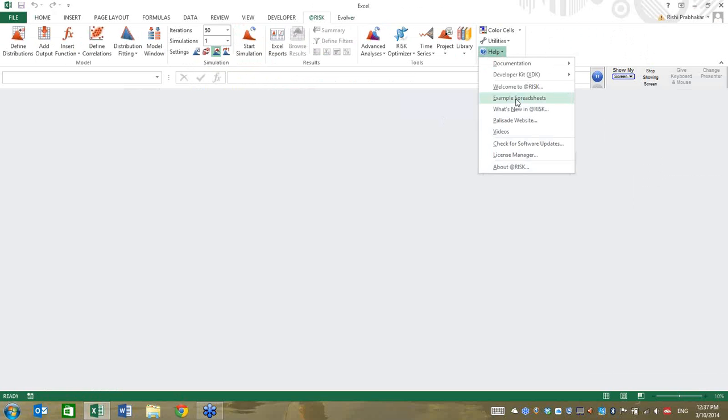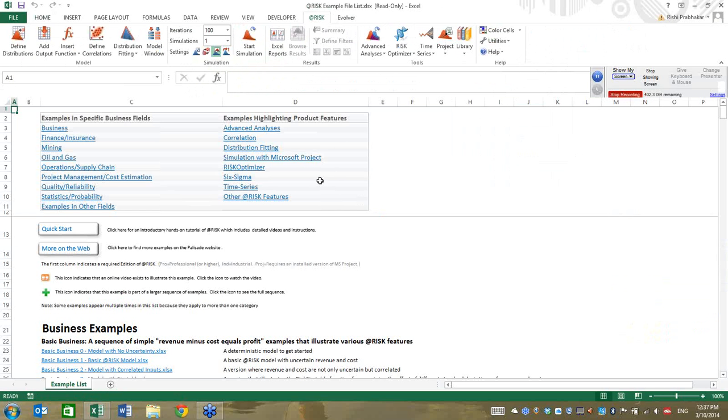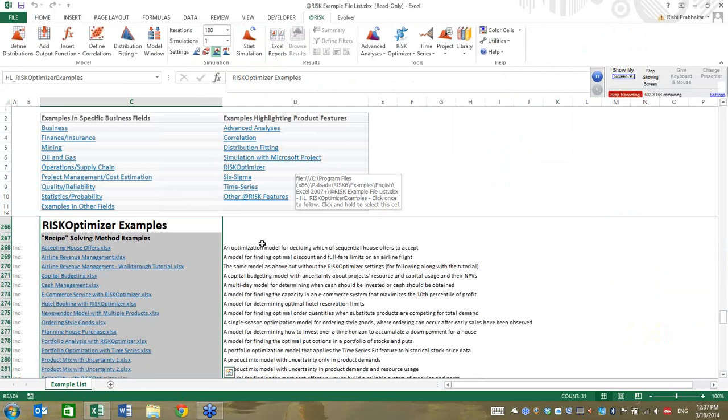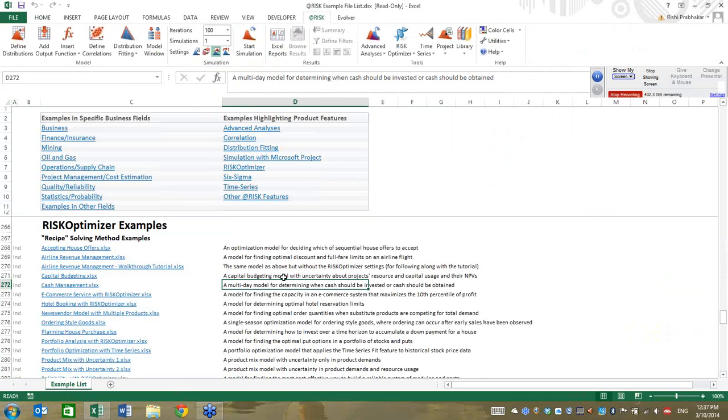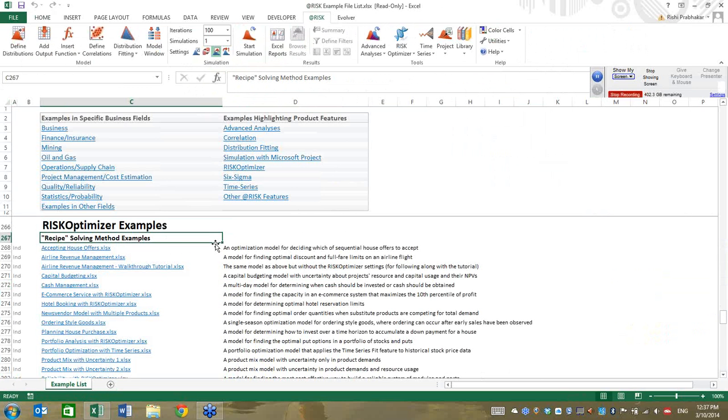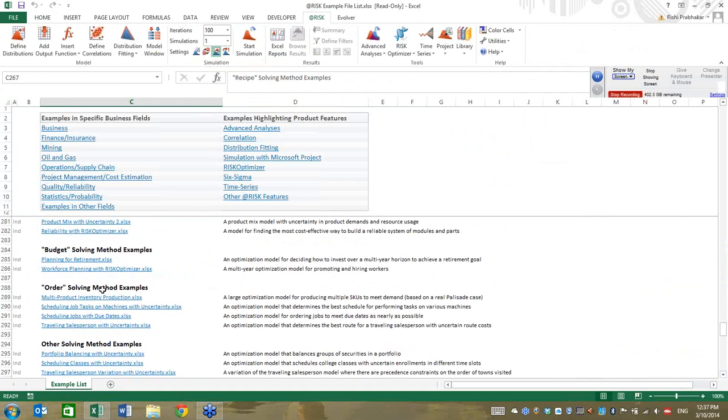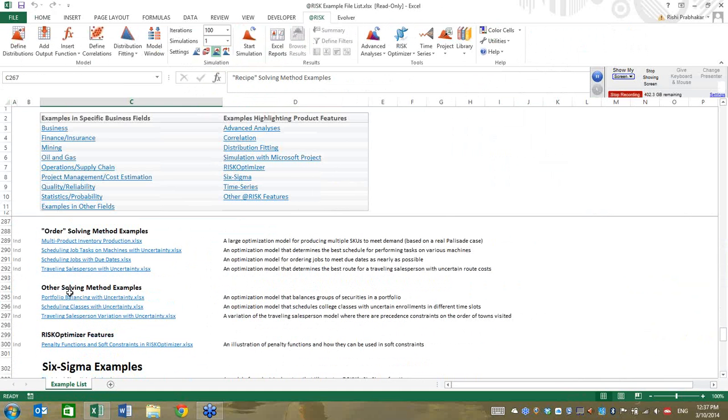If I put this one away and get a different example, go back to my example spreadsheets. Again, just a reminder that the things that we're looking at here are all found in the example spreadsheets. There's a RISKOptimizer section of @RISK, where RISKOptimizer has, of course, recipe, budget, order, and scheduling problems.